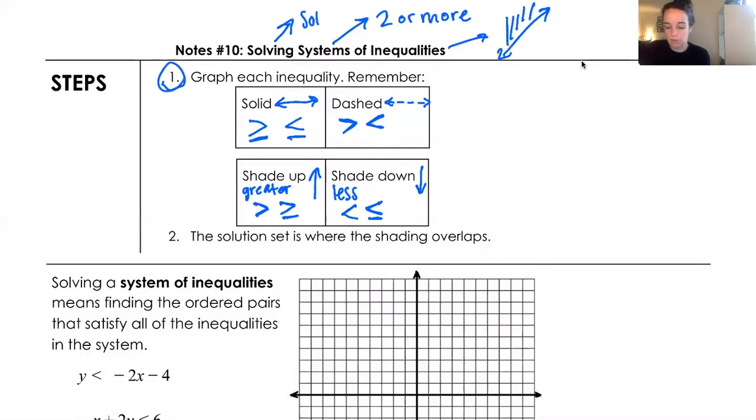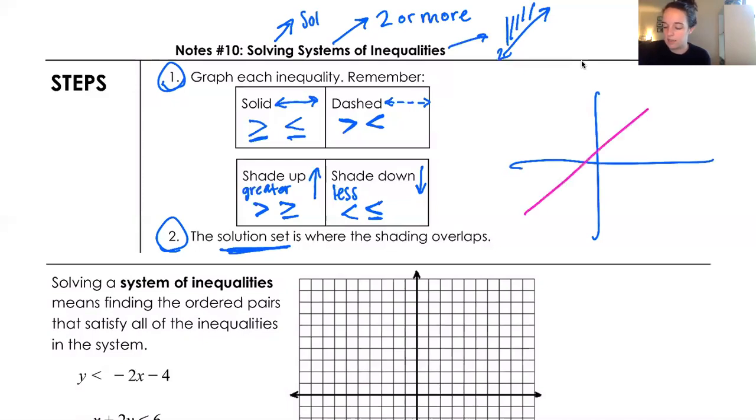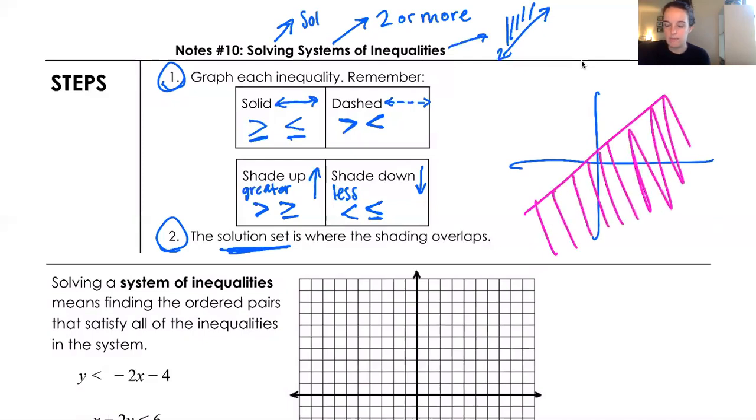And then second, we are going to find what's called the solution set. And the solution set is where the shading overlaps. So let's say we had a pink line that goes like this, and we were shading down like that. And then let's say we had an orange line that was like this, and we were shading up, maybe for the orange one.